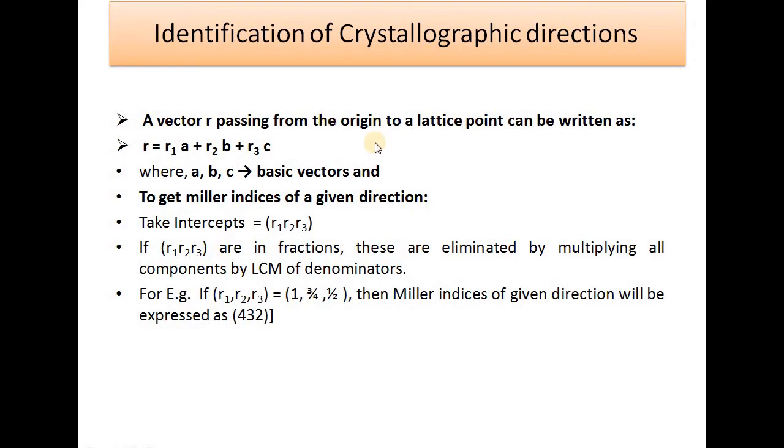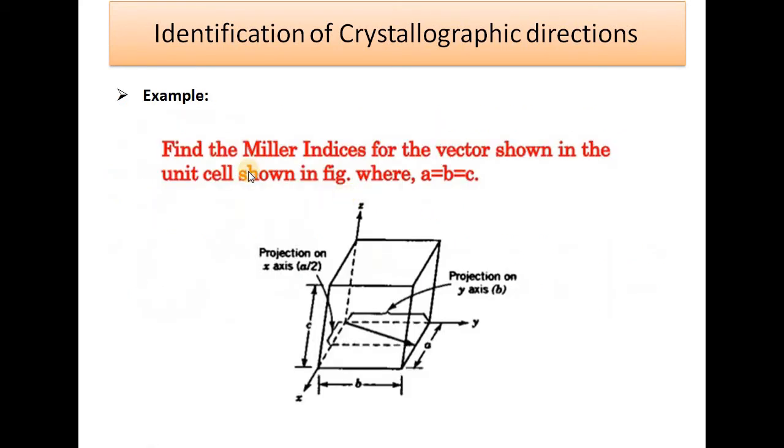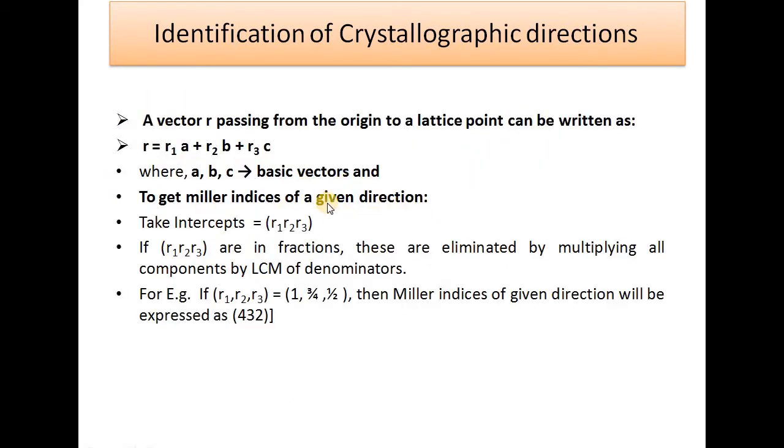Now, if a vector r passing from the origin to a lattice point can be written as this, where a, b, c are the basis vectors or unit vectors, then how can we find the Miller indices of a given direction? To calculate the Miller indices of a given direction, suppose it has intercepts r1, r2 and r3. We will first take the intercepts r1, r2, r3.